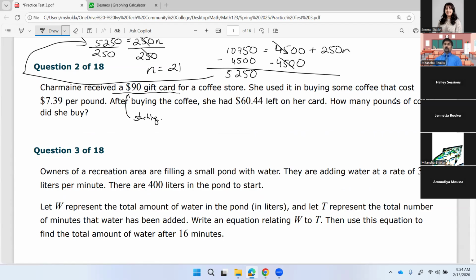Then they told us that the cost is $7.39 per pound. Anytime I see each, per, or for every, these are my clues that this is a rate of change, which is a fancy way of saying slope. And anytime I see a slope and a starting amount, I can think to myself, a linear function.